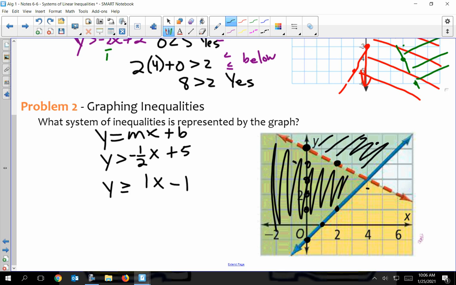And I'm looking here, this is yellow, and that's below the red line. So maybe I'm going to go back and change this first one that we did and make it less than. You can always make changes, and I think that's going to work.